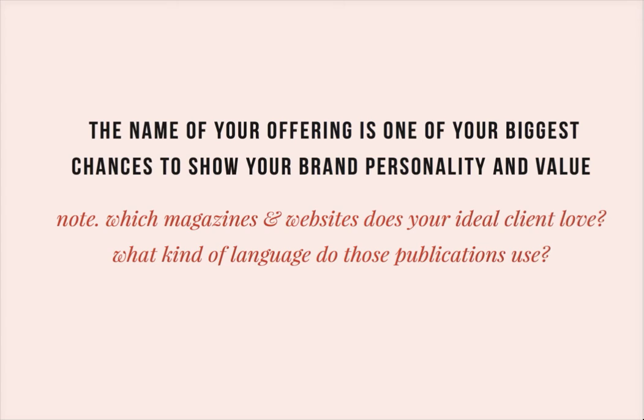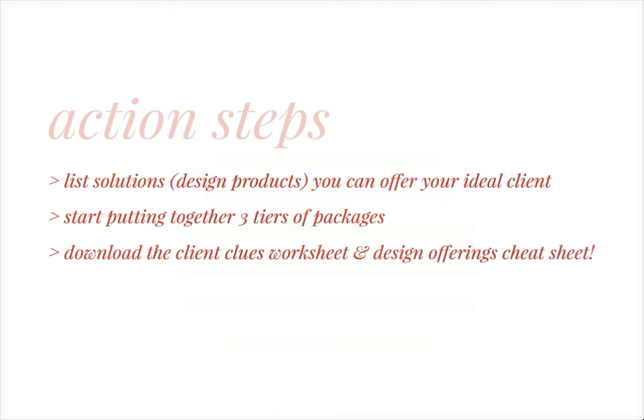So, between now and our next lesson, I want you to start listing solutions you can offer your ideal client. And I've made it super easy for you because there is a cheat sheet you can download with a bunch of different offerings that you can take and add into your packages. But of course, keep in mind who your ideal client is and would this offering serve them.